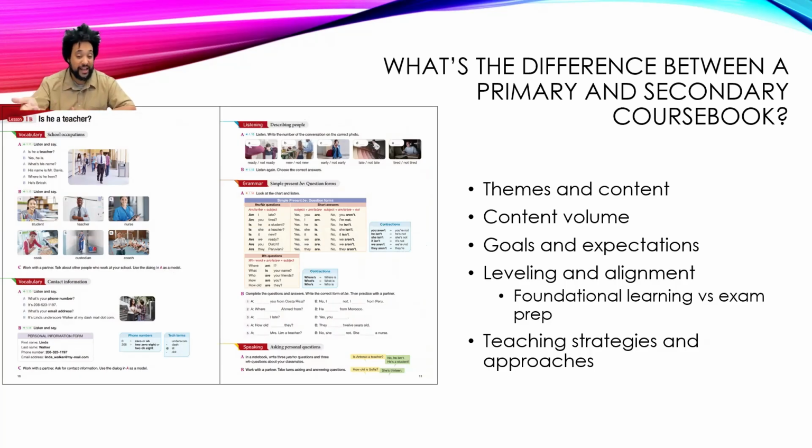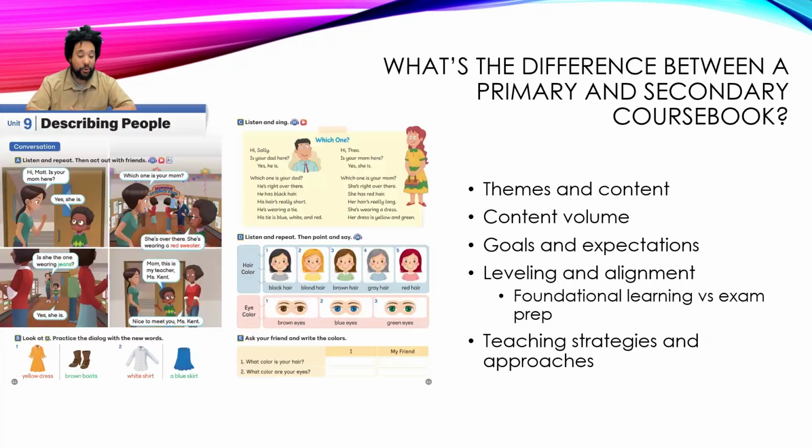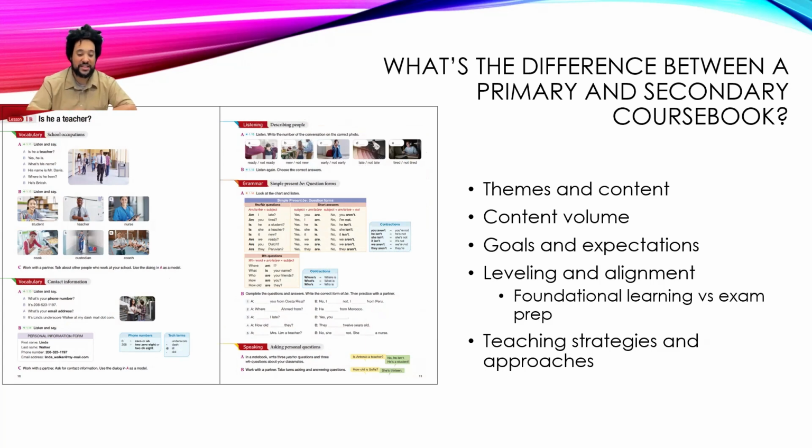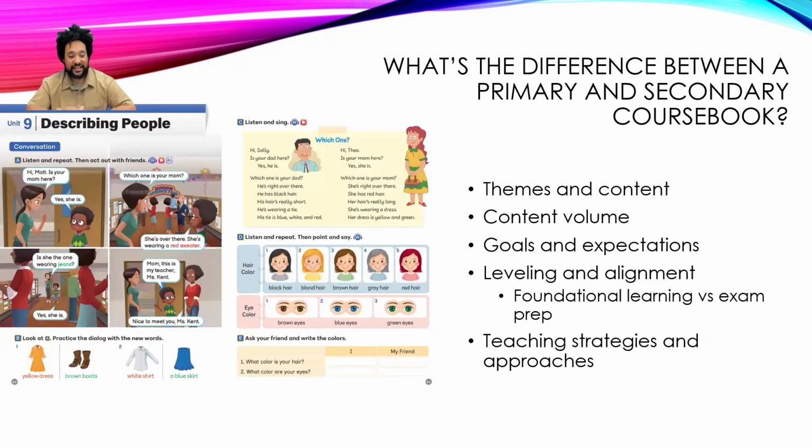But what we can see here is that both of these units are actually talking about the same kind of themes, the same kind of concepts, describing people, meeting a teacher. That's the same introductory content here. So as I jump back and forth between these two pages, there are a lot of similarities.